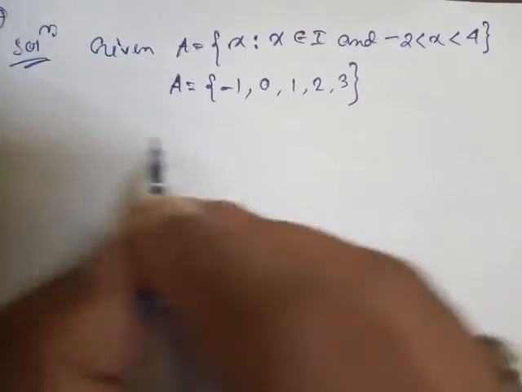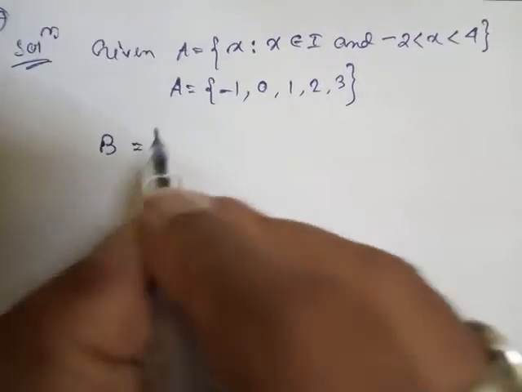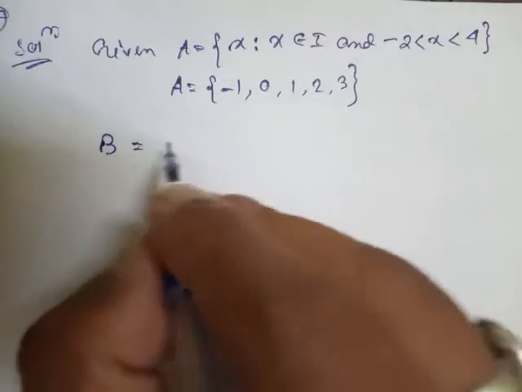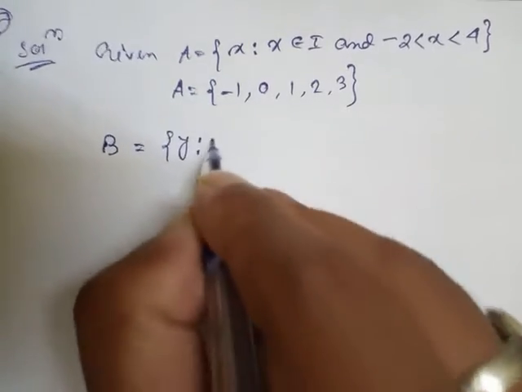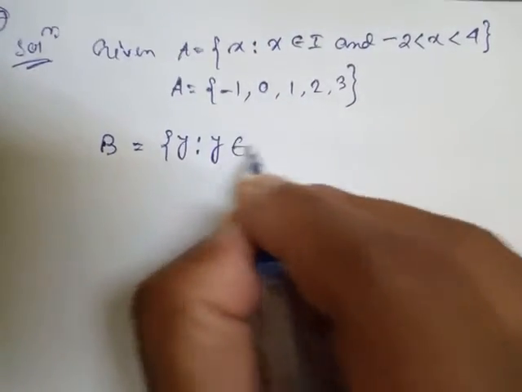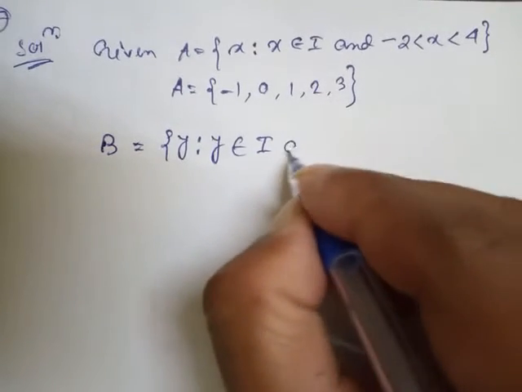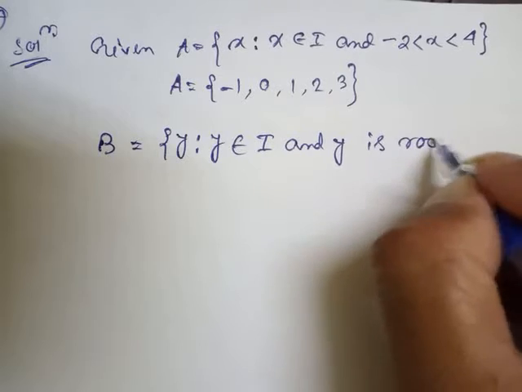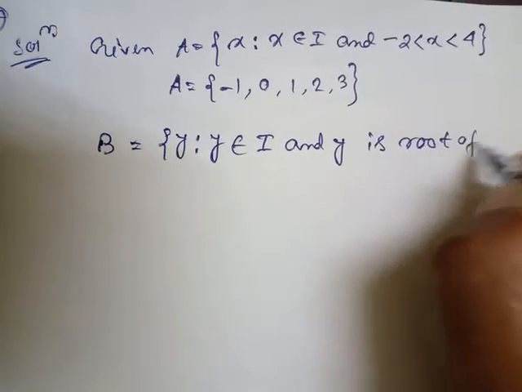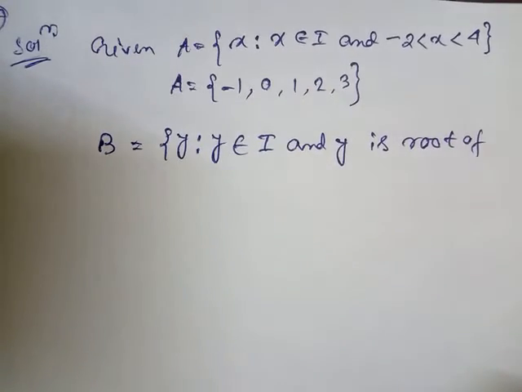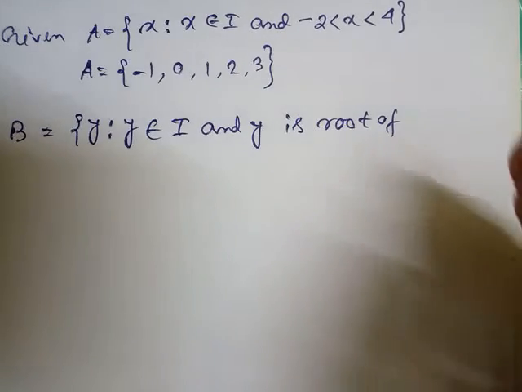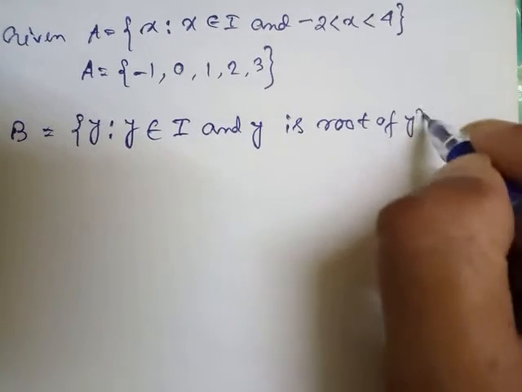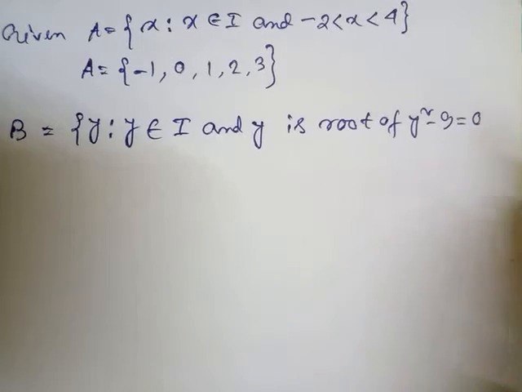And the value of B is given in the question: y belongs to I, and y is a root of (y square minus 9 equal to 0).